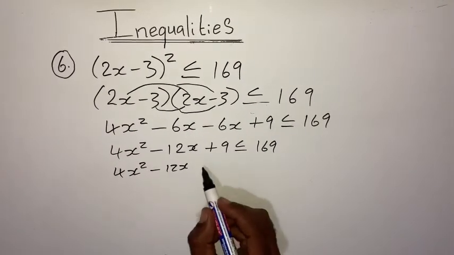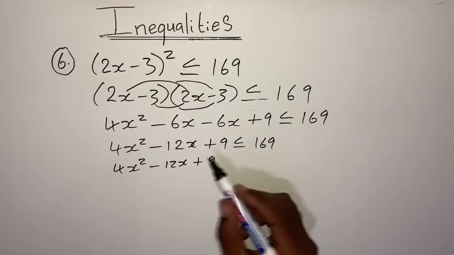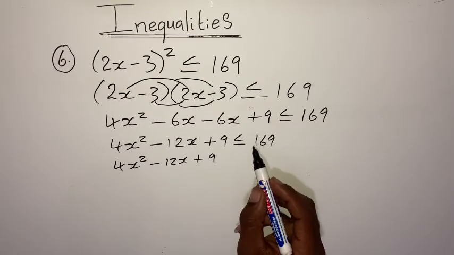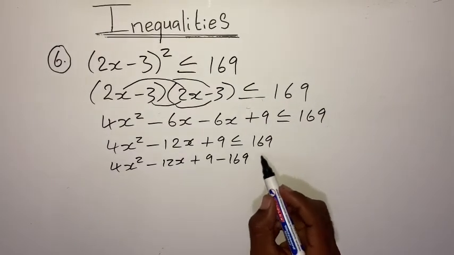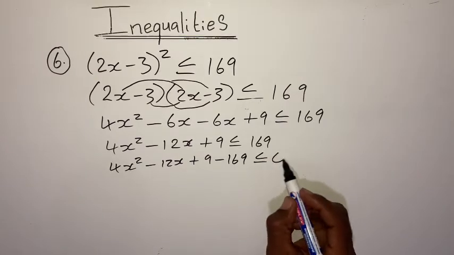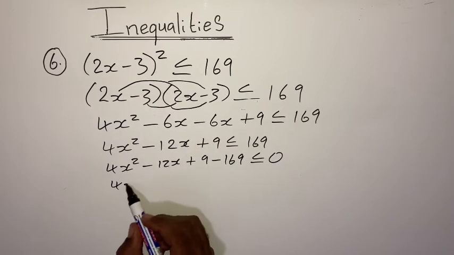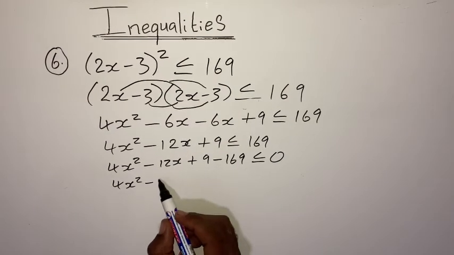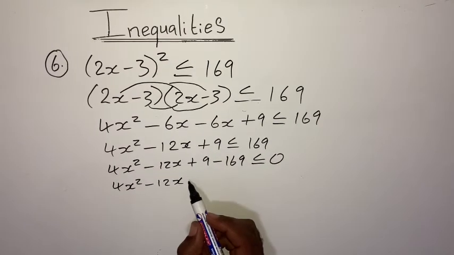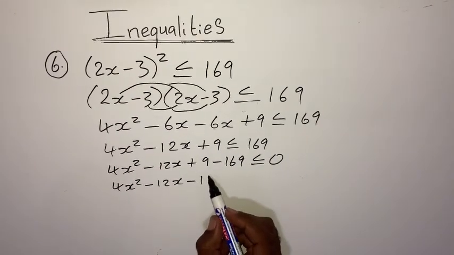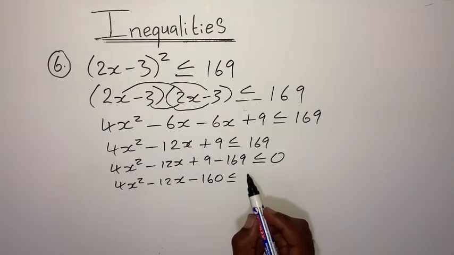I'm taking this thing as it is, +9. I take my 169 to the other side. The sign will have to change. We'll have a minus 169. Then now we'll be left with a 0. So these two are like terms. So I have my 4x squared minus 12x. This one will give us -160, being less or equal to 0.